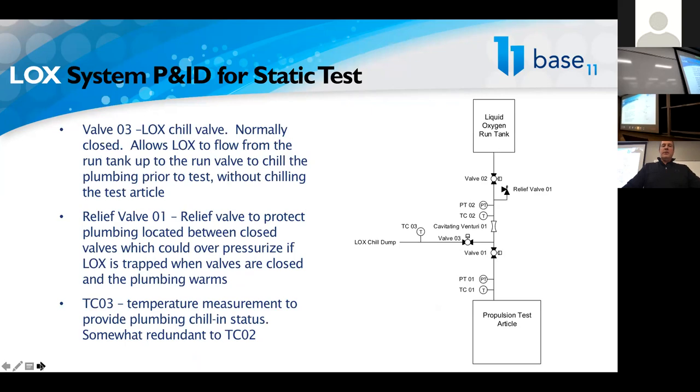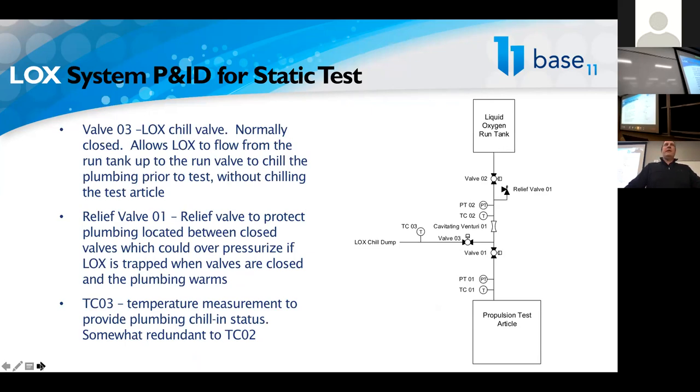You'll notice with valves 1, 2, and 3, if those valves are all closed, we have a closed section of plumbing in our system. And if we have that section of plumbing filled with liquid oxygen and we close all the valves, particularly if something goes wrong, the computer crashes and we go to our fail-safe condition and all the valves are closed, well, we've started the clock on that liquid oxygen boiling off and building pressure in that plumbing until we get to the burst point, right?